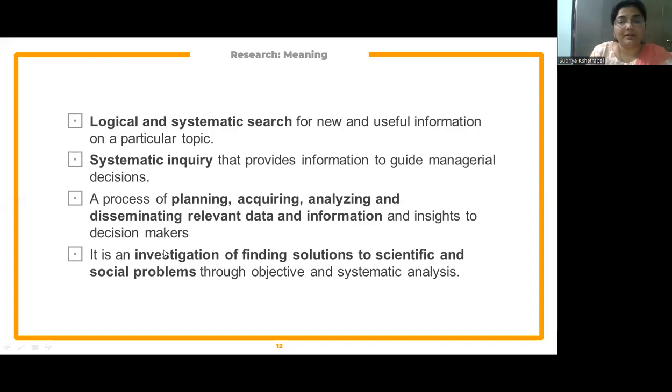Now, for doing research, we always require planning. Then we have to acquire, analyze, and resubmit the relevant data and information. From this we will get the insight into what we have to do, because the problem is very huge.